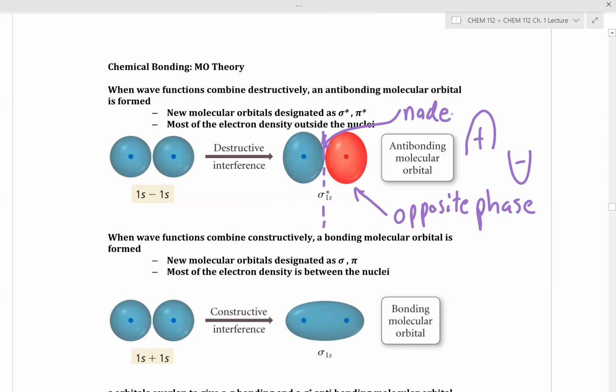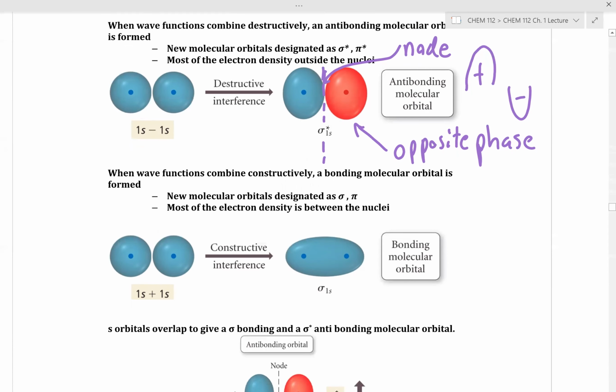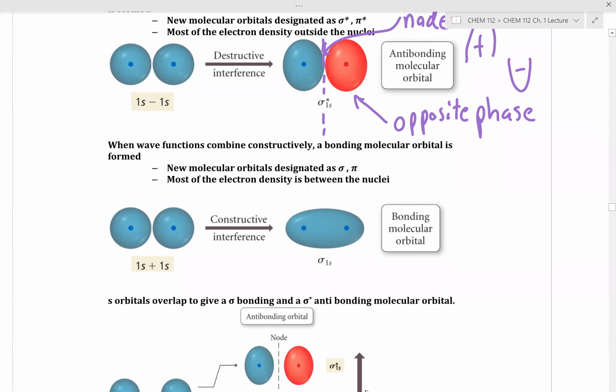We're not sharing electron density between our atoms. Instead, each atom is holding its electron density to itself. There's no significant amount of electron density between our atoms. Does that make sense to everyone? That's what anti-bonding is. Now, if our two orbitals have the same phase, they can engage in constructive interference, and this leads to a bonding molecular orbital.